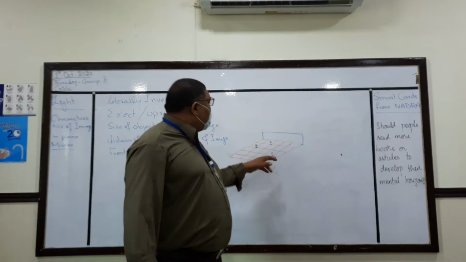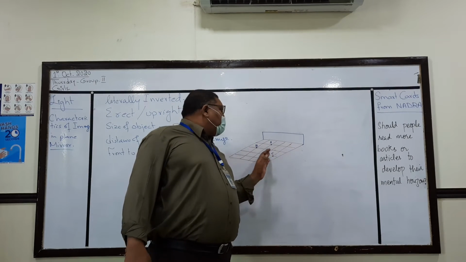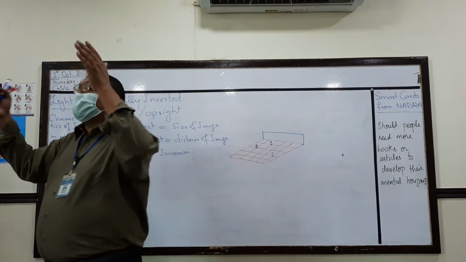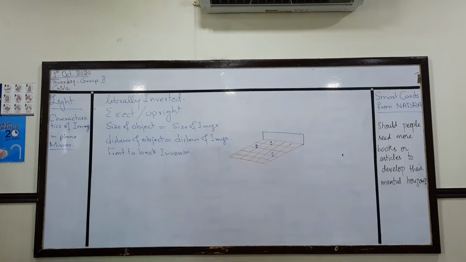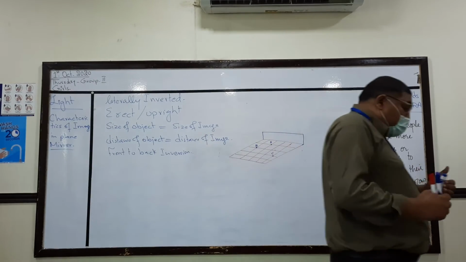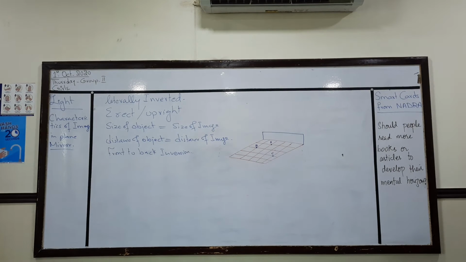If you look at the image of sea, you get the idea that the image of sea is 3 centimeters behind the mirror. But if you actually go behind the mirror, there will be nothing. There will be no image of sea there.